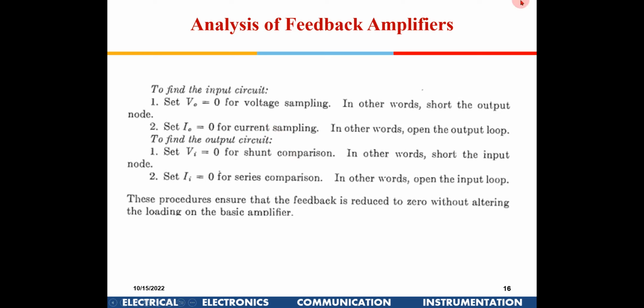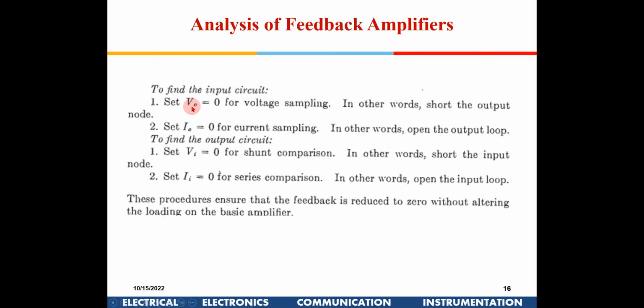If you are sampling the output voltage, we redraw the circuit without feedback. We will not completely remove the feedback, to understand the loading effects also. So without feedback, but those feedback elements we are going to incorporate in the circuit as without-feedback elements.